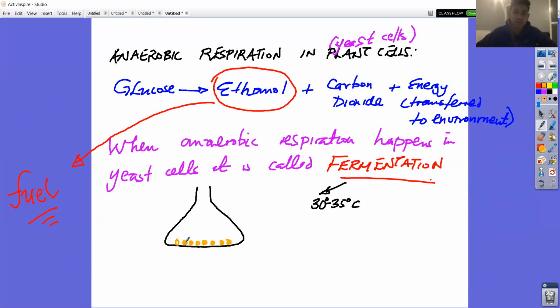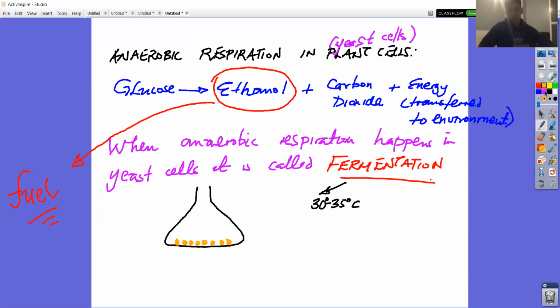Not the yeast itself, no. When you put yeast in bread, the yeast carries out aerobic respiration. And when it carries out aerobic respiration, what does it produce? Carbon dioxide. Well done.